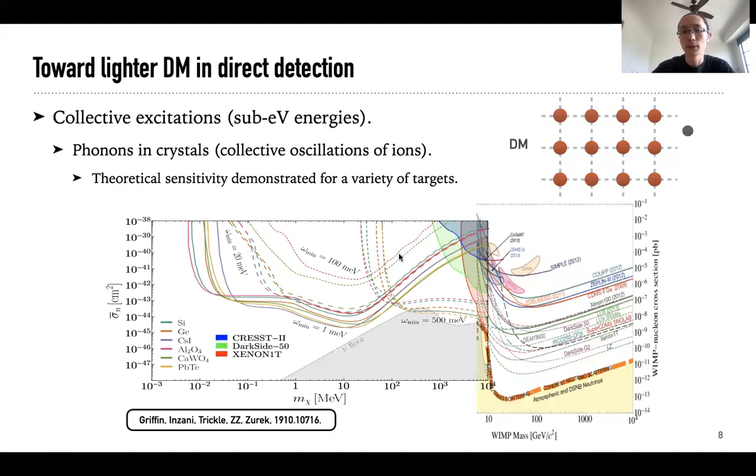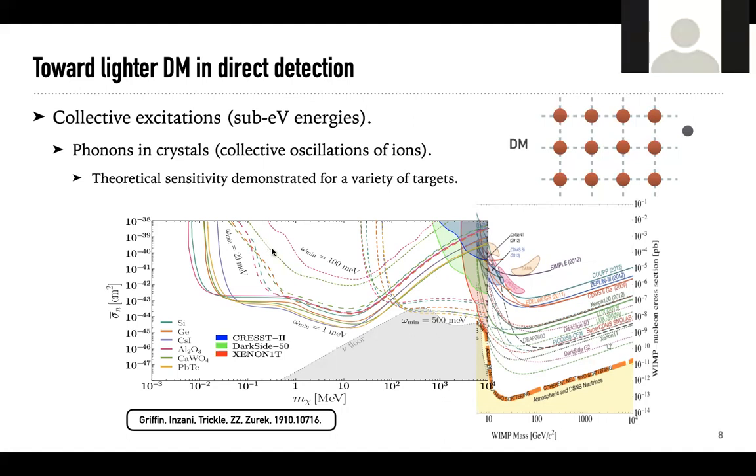Of course, the reach will become worse for higher thresholds, and not all of these materials will have a reach, because some of them have phonons at lower energies and some have phonons at higher energies. But still, even with a 100 meV threshold, we can do a lot.